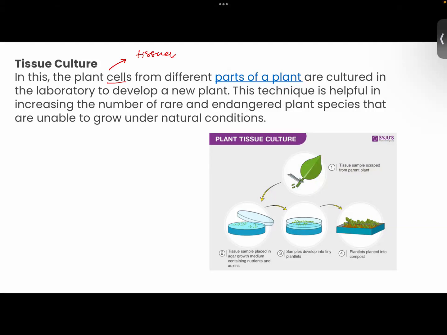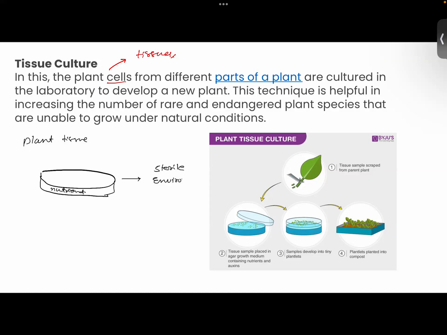So the process is such that I will be taking plant tissues, and then I will be putting them in a special medium that is rich in nutrients, and I have placed it in a sterile environment.